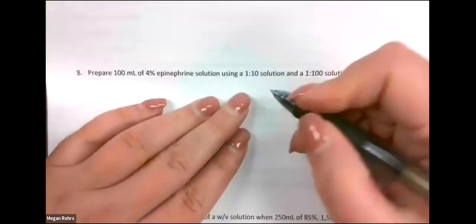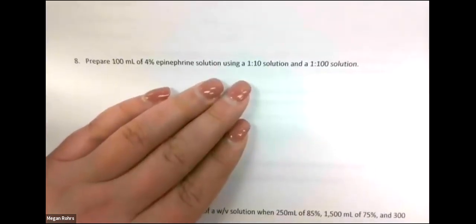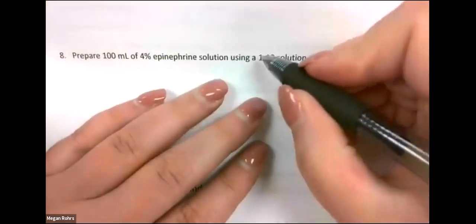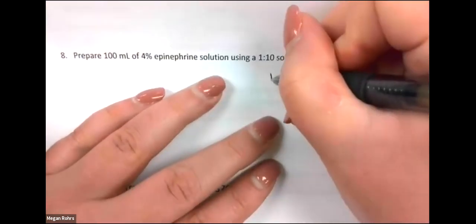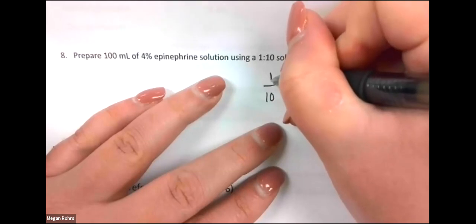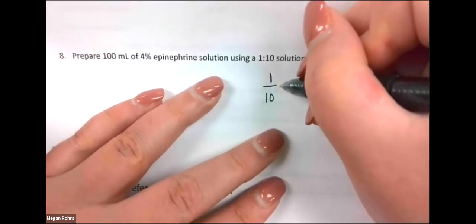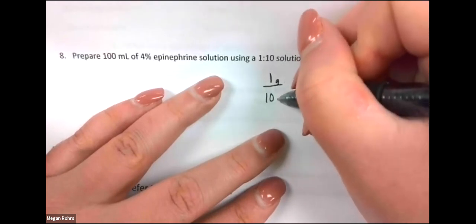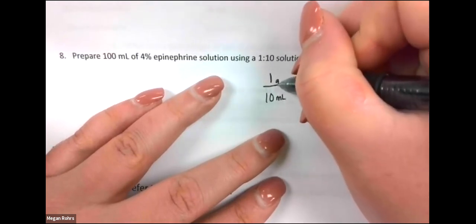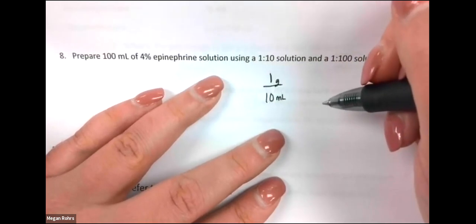So first, let's change this 1 to 10 to a percentage strength. So 1 to 10, we can write that as 1 over 10. That means there's 1 gram of active in every 10 mils of total solution.